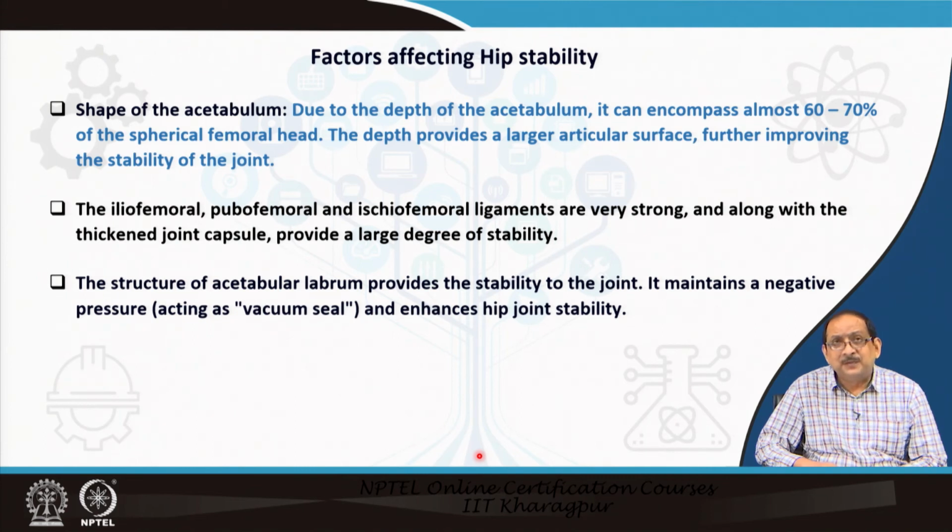The structure of the acetabular labrum provides stability to the joint. It maintains a negative pressure acting like a vacuum seal, and it enhances the joint stability.